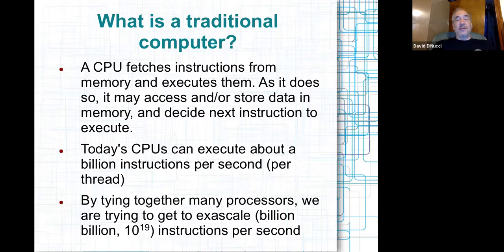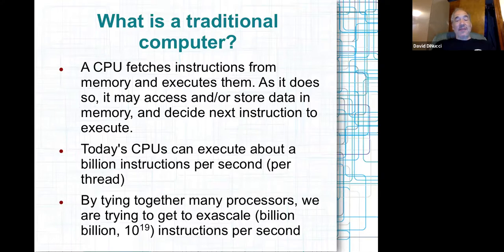Today's CPUs can execute about 1 billion instructions per second per thread. Today's CPUs also have many threads that can execute at one time, and I'm not going to go into what threads are about right now. But basically, each thread is one of these computations that's running.